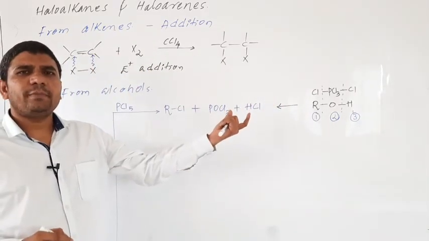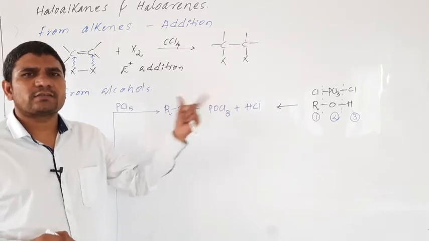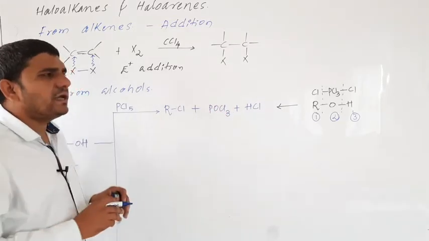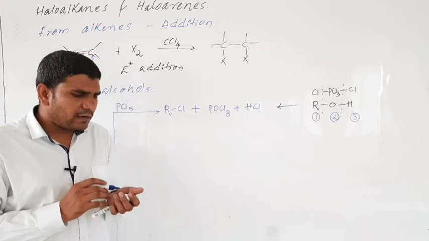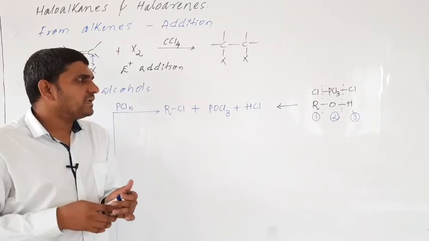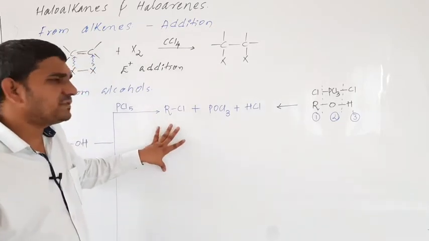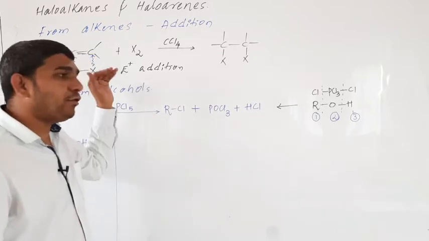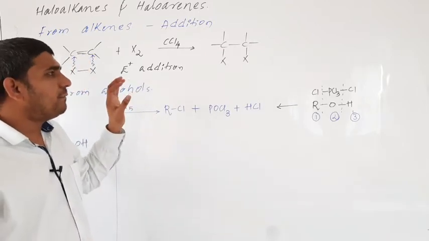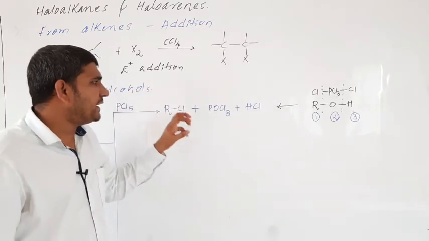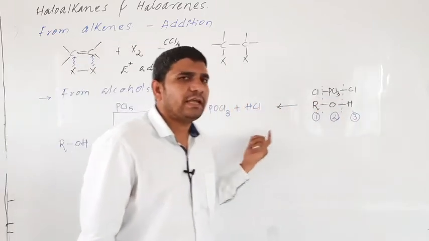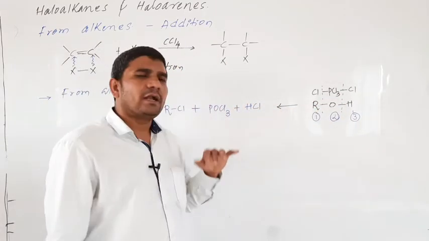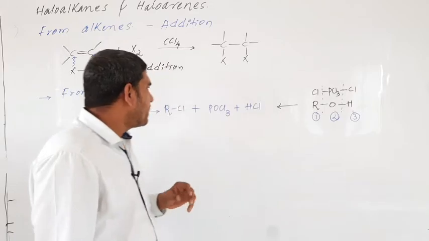This shortcut can be used while writing the products. Mechanism is there, but mechanism is not required now, because we are just discussing the synopsis of haloalkanes and haloarenes. I am not actually entering into the mechanism part of this reaction. We will discuss in theoretical part in future classes, okay.